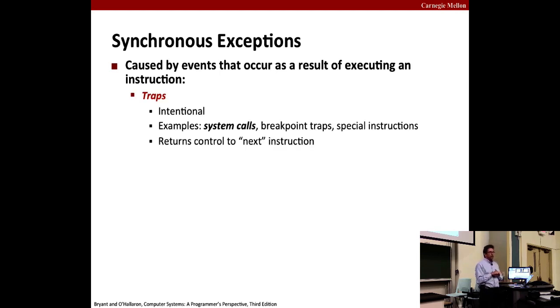One class is called a trap. A trap is an intentional exception. So this is an exception that's caused intentionally by the program. And the most common form of a trap is a system call. The operating system kernel provides all kinds of services to a program, but your program doesn't have direct access. Your program can't call functions in the kernel.